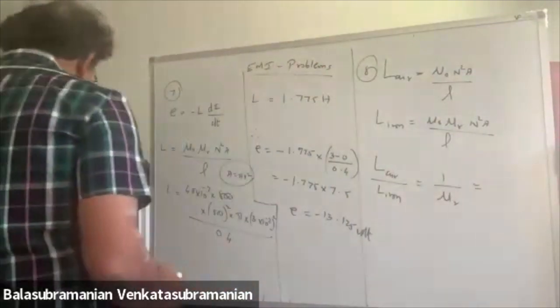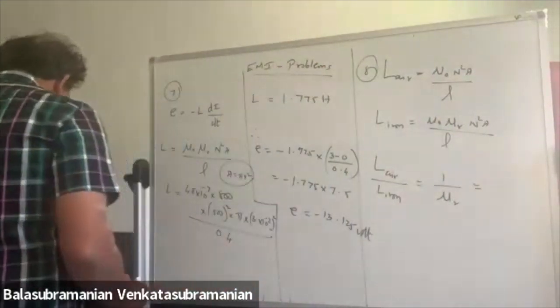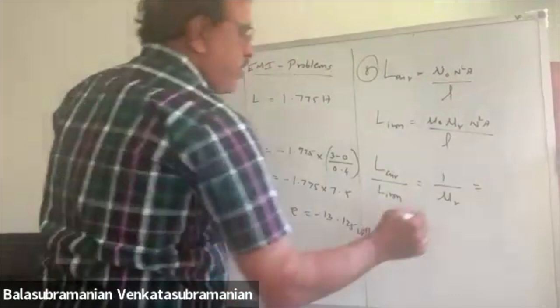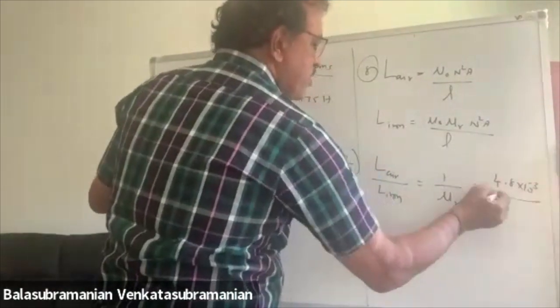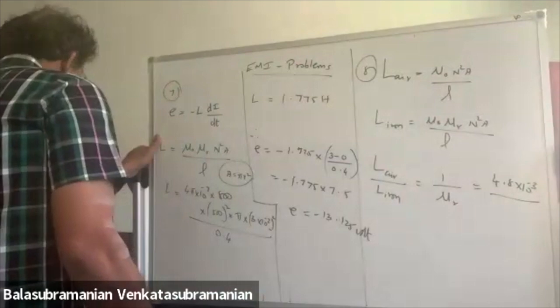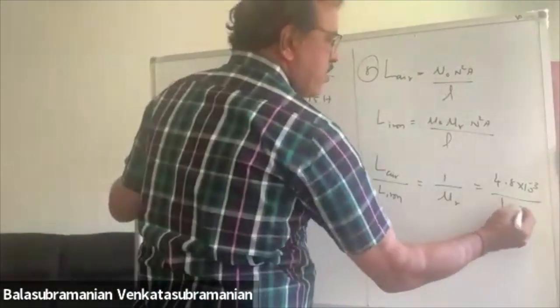What is L air and L iron? 4.8 into 10 power minus 3 divided by L iron, which is 1.8.